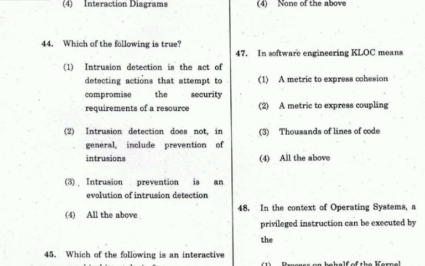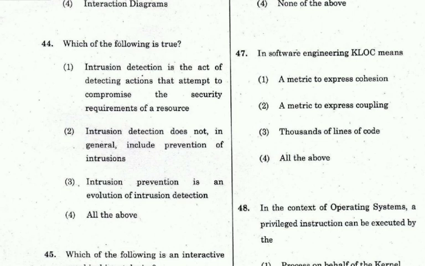So 44. Which of the following is true? The question is about the intrusion detection system, IDS. IDS detects suspicious activities and alerts the administrators. So we must know about IDS and IPS here. What is IPS? IPS means intrusion prevention system.